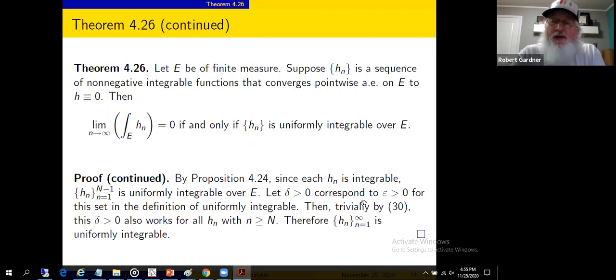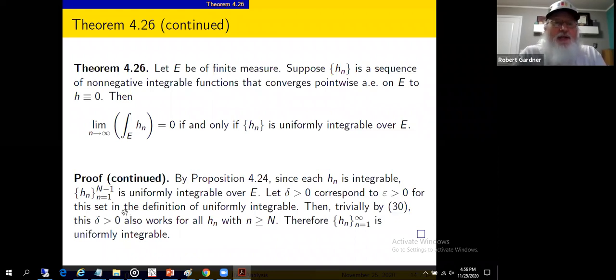For given delta greater than 0, let delta greater than 0 correspond to epsilon greater than 0 for this set, in the definition of uniform integrability.